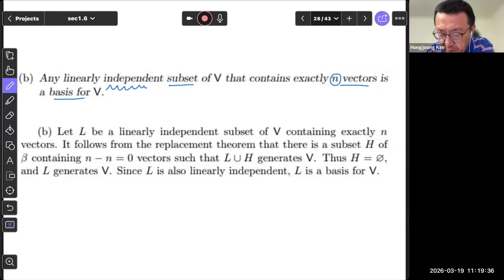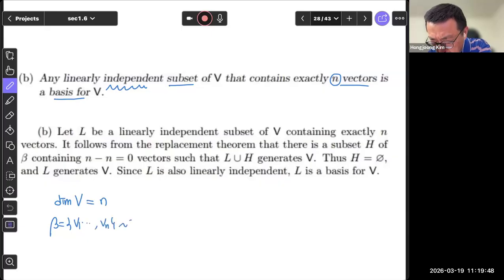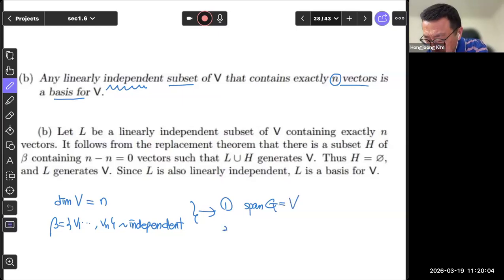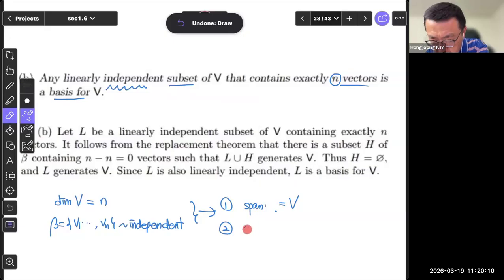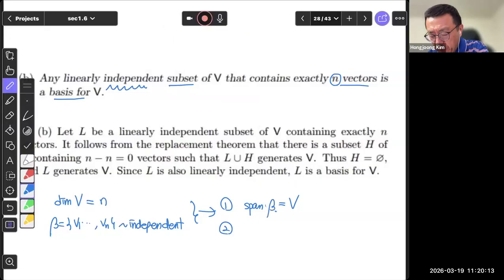So as I said, if the dimension of V is n and beta with n vectors is independent, then the claim is, first of all, the span of beta will be V, so that this beta will be a basis. So that is the meaning of this corollary.